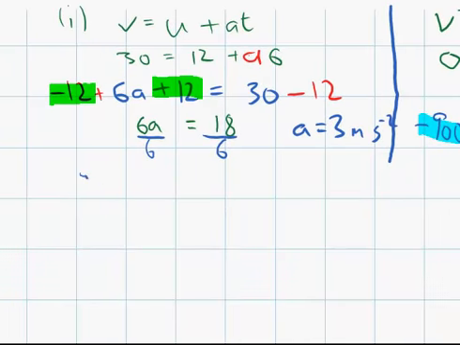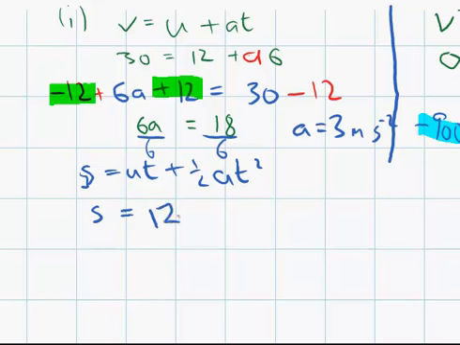We've got S is equal to ut plus a half at squared. S is what we're looking for. The initial velocity is 12, plus a half at squared. We've worked out the acceleration already: a half times 3, and time squared in this case is 6 seconds, so 6 squared.